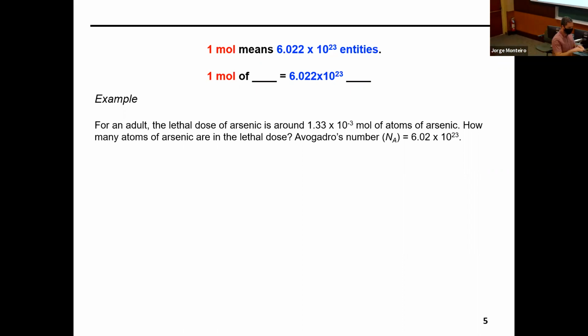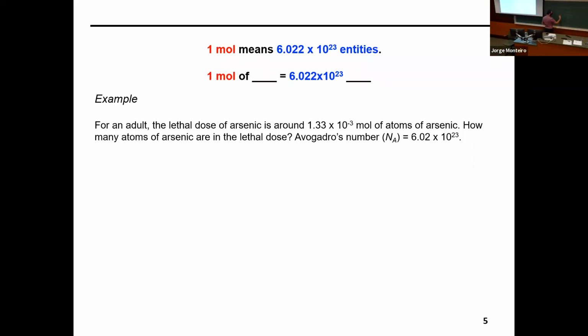So it's always a simple proportion. The first line is your conversion factor, or what you know, and in your second line, there is one piece of information provided by the problem, and the other one is what you are looking for.